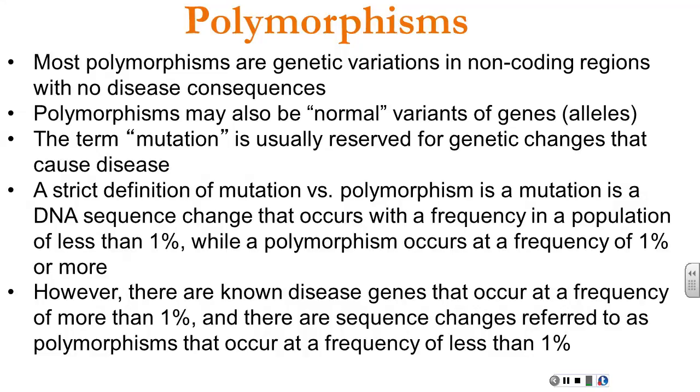We would still call those mutations, but technically speaking, that's actually a polymorphism. So the definition can get a little skewed, and you just have to be careful of that. Very often when we're talking about genetic tests, we talk about polymorphism, and sometimes the polymorphism is a disease-causing mutation as well. So if you're familiar with the strict definition, also be familiar with how those terms are generally used.